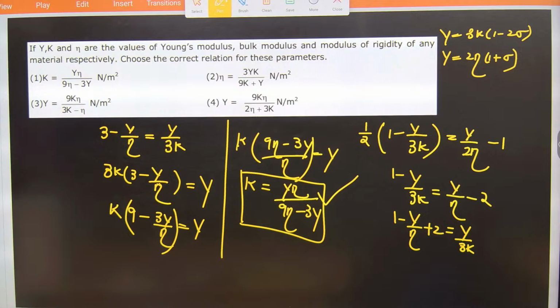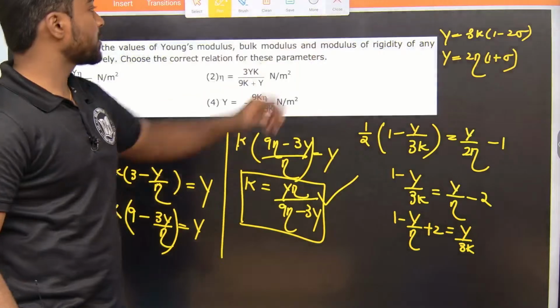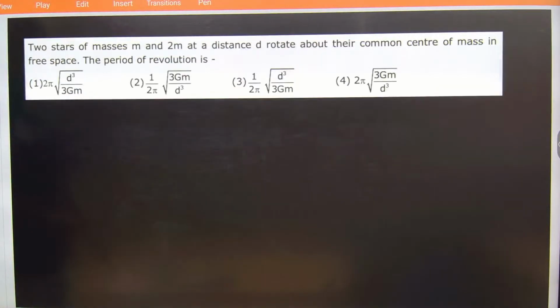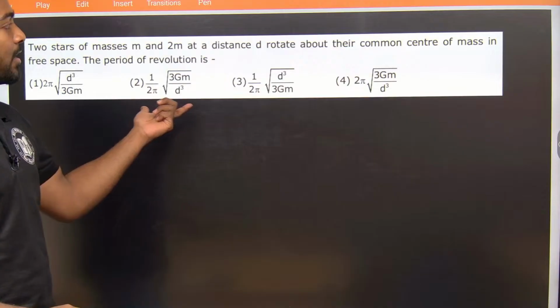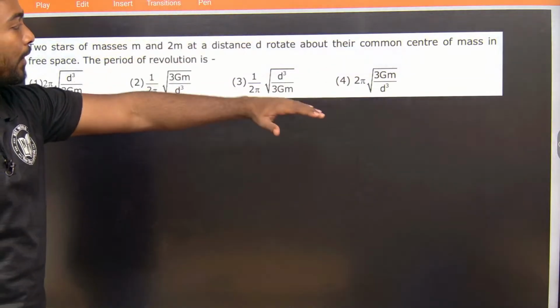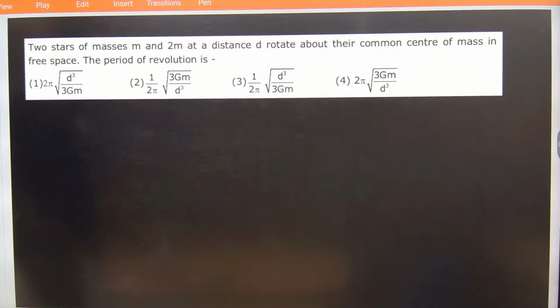Okay, we will go for the next question. Two stars of mass m and 2m at a distance d rotate about their common center of mass in free space. The period of revolution is? First I need to find the center of mass from the distances.